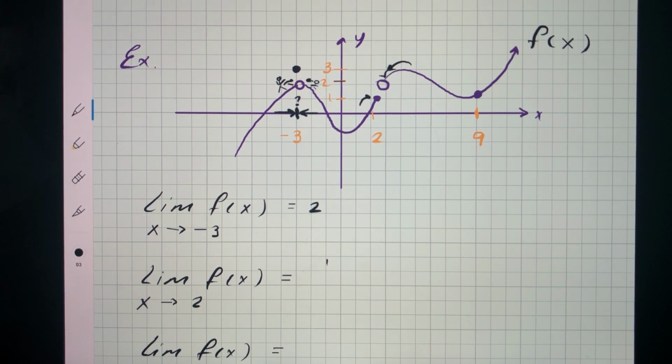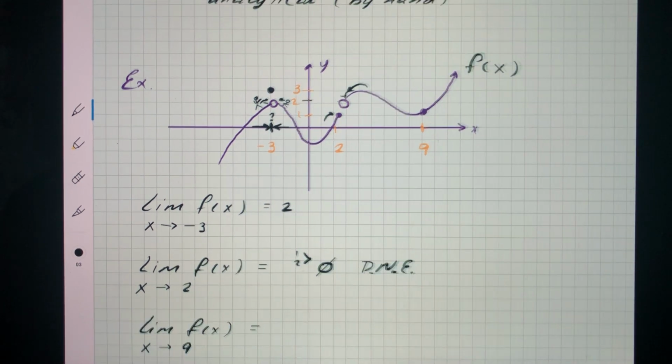So from the left side it's equal to 1, from the other side it's equal to 2. Both of these must match, and if they don't match, that means there is no limit, or the limit does not exist. Zero with a line through it means does not exist. Sometimes we write DNE, which also stands for does not exist. So this limit doesn't work.